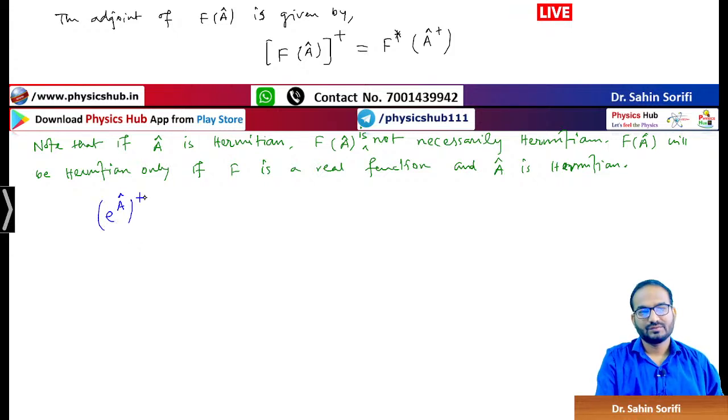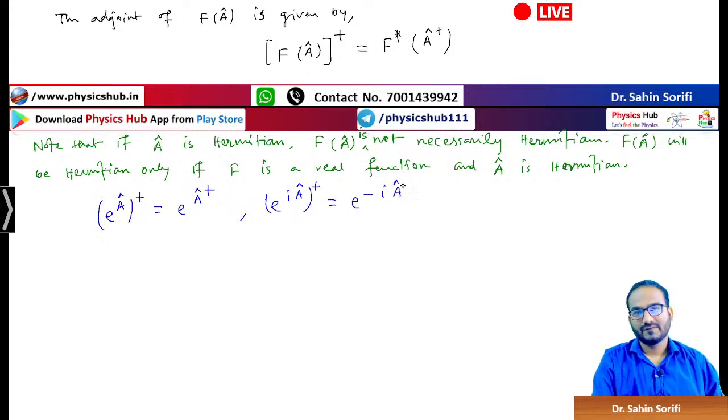If you take the dagger, what will it give you? e to the power iA dagger will become e to the power minus iA dagger. The star appears, and when you take the dagger, A dagger.